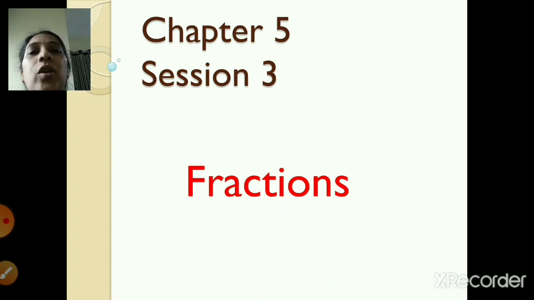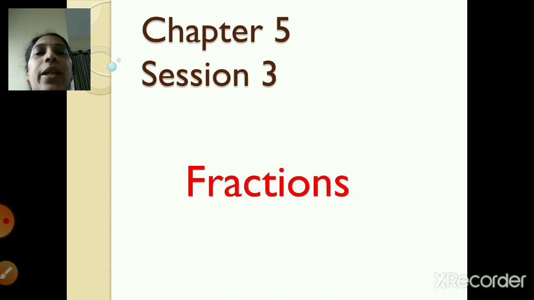Then what is your 1? 1 is called the numerator and 2 is called the denominator. Right, children? Then we saw equivalent fractions. For both numerator and denominator, we use the same divisor.